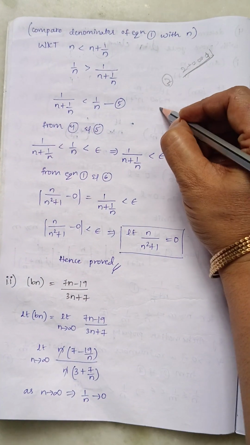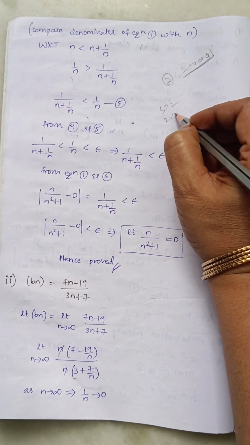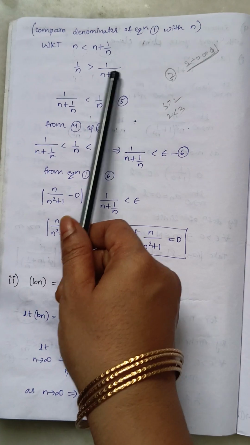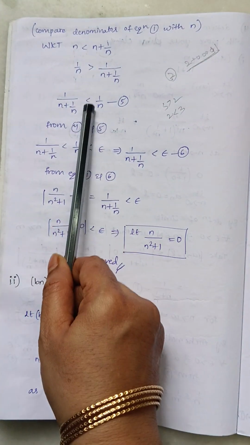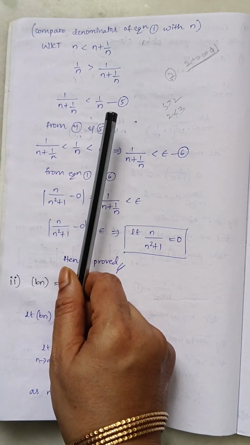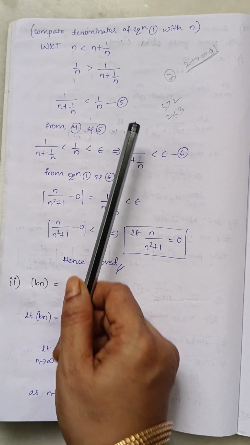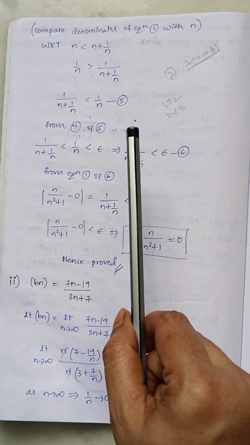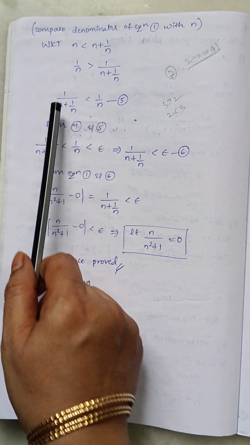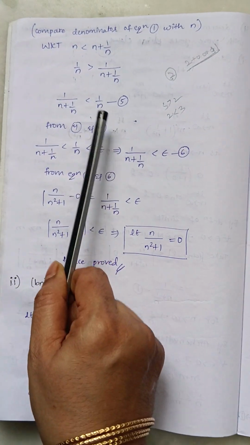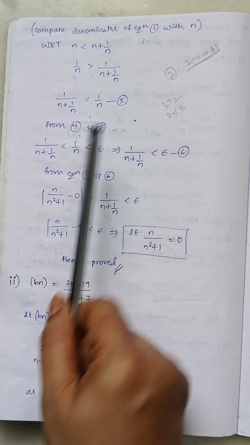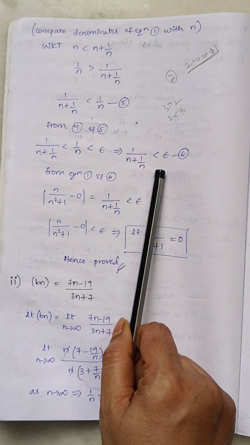Suppose 3 is greater than 2, then we can also write 2 less than 3. In the same way, take this first, then it will be less than 1 by n. Now from 4 and 5, what happens? What is 4? 1 by n is less than epsilon. From 4 and 5, this is less than 1 by n, and 1 by n is less than epsilon. So this is less than epsilon.